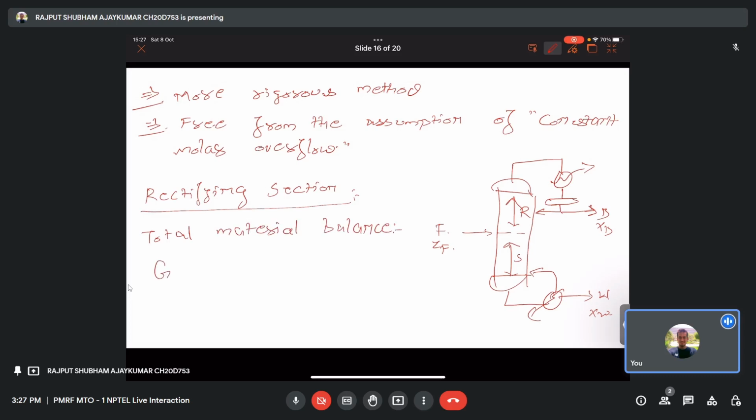If you consider the nth tray, Gn+1 = Ln + D. This is equation 1. And the component balance, taking component A: Gn+1 yn+1 = Ln xn + D xD.